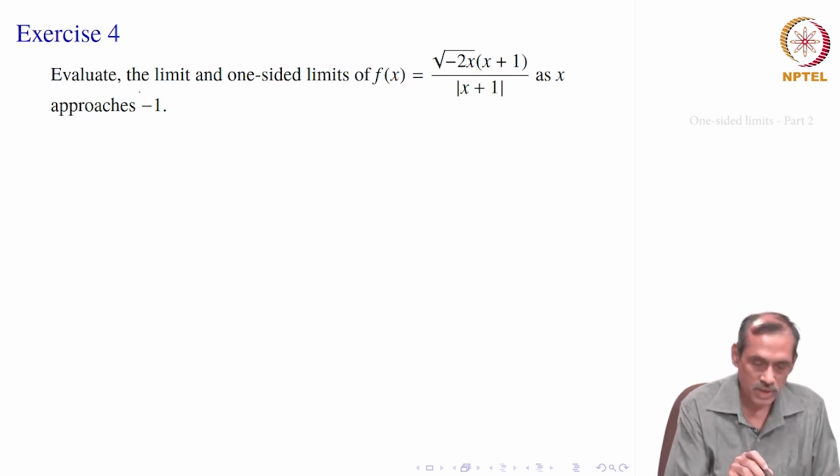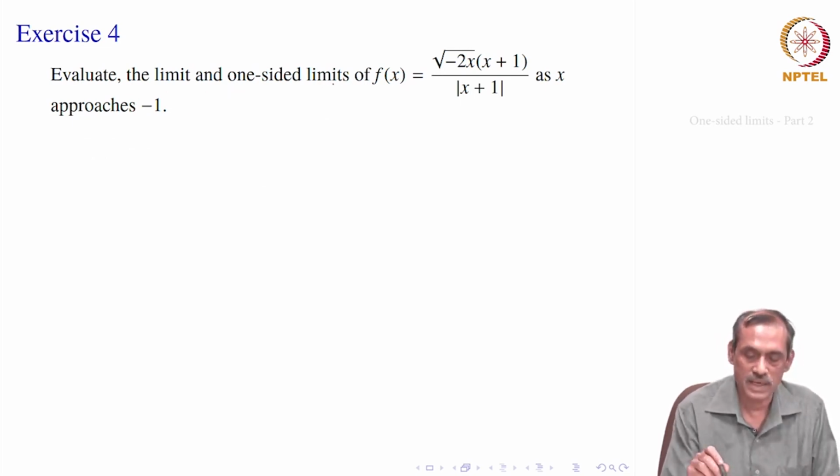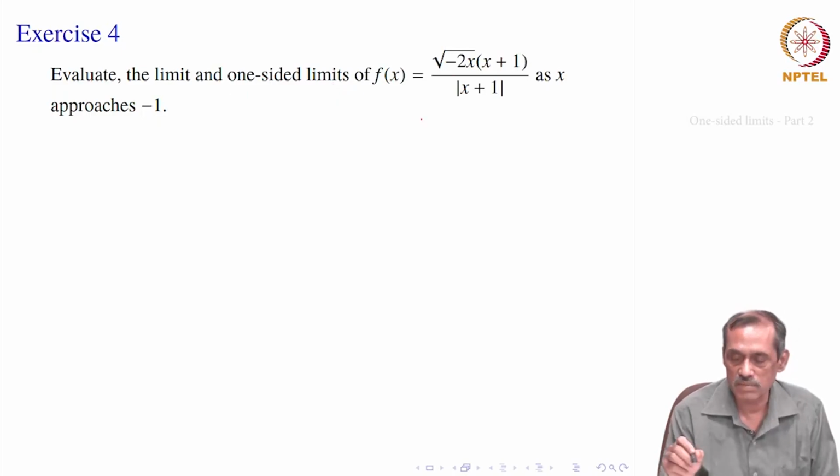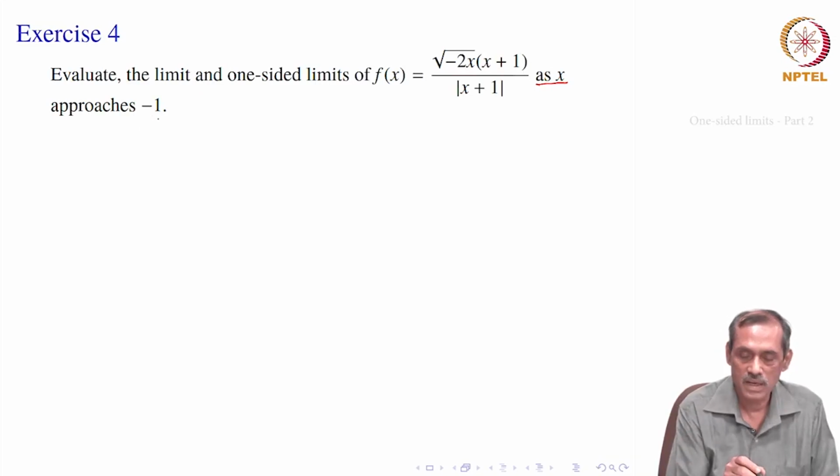Here we want to evaluate the limits and one sided limits of this function. That is 3 things we have to consider: left sided limit, right sided limit and the limit if possible at x equal to minus 1. So, when x remains near minus 1, to what value this function remains near, that is the question.